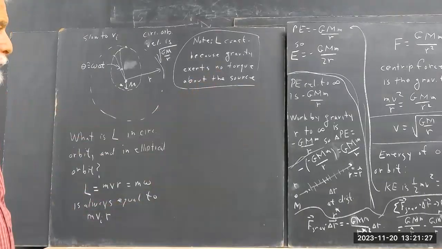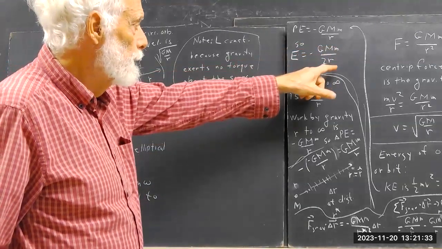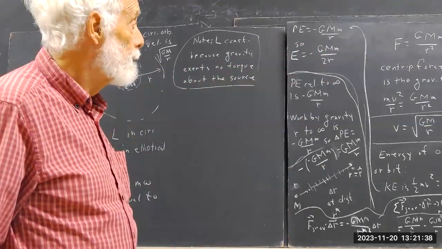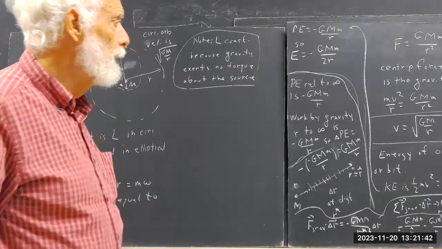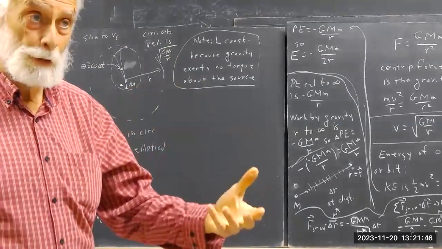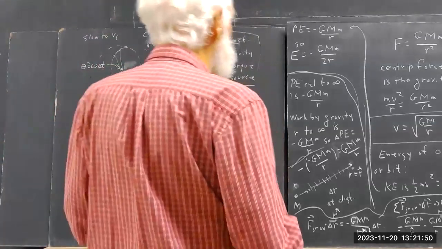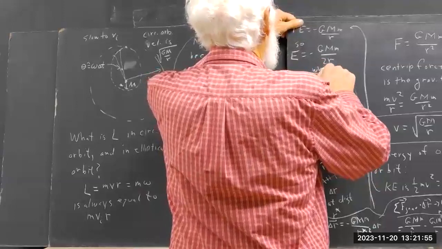What do we know about this situation? Now we know the total energy. Negative big G, big M, little m over 2r. Well, that's the circular orbit. After we slow down, it changes, right? So let's be sure we get this well.